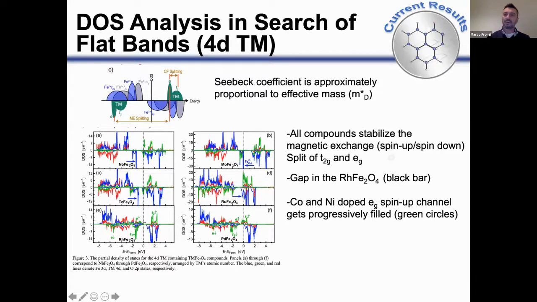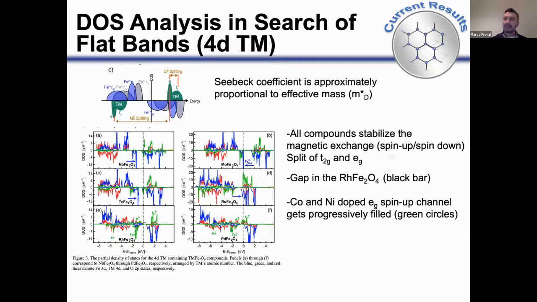But all the considerations that we've made for the 3d transition metal doping can be drawn here. So we still see Fe2+ close to the Fermi level, a strong indication of the value of the Seebeck coefficient.